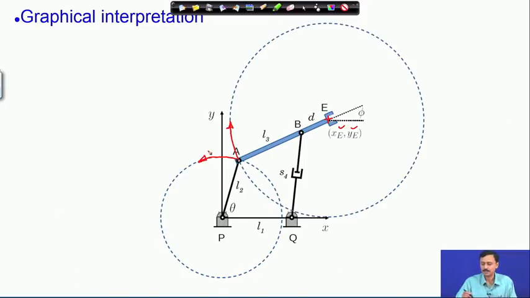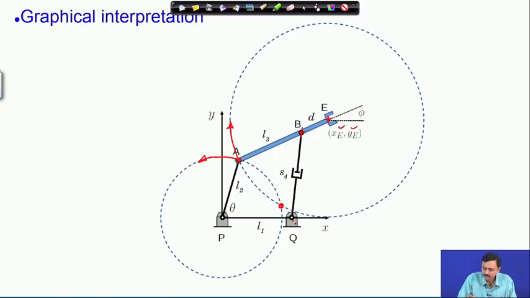Therefore, if I want to assemble the mechanism, then it can happen only at these intersection points of the two circles. Now, once A is fixed, since E is also fixed, B gets fixed, and therefore, you can find out B q as we have done.